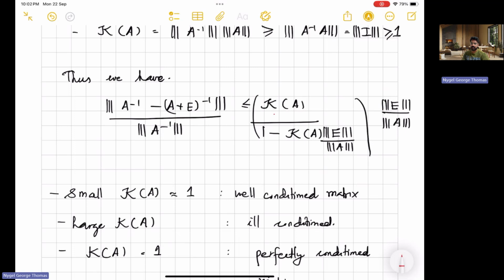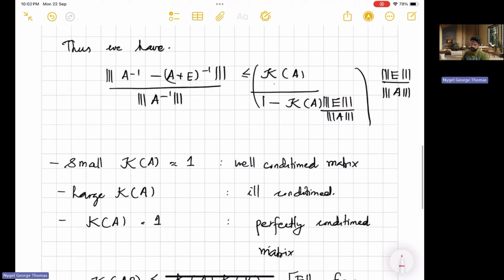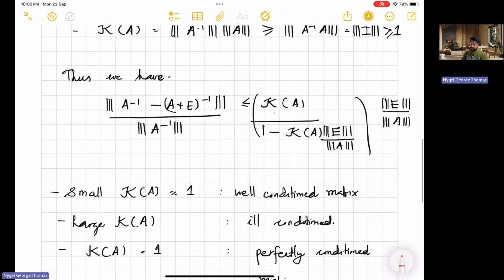So for a small change in measurement or for this perturbation, the error is not amplified a lot. But if the K value is very large, then the numerator and this entire fraction will become very large. And even for small perturbations like E, the relative error will actually blow up.